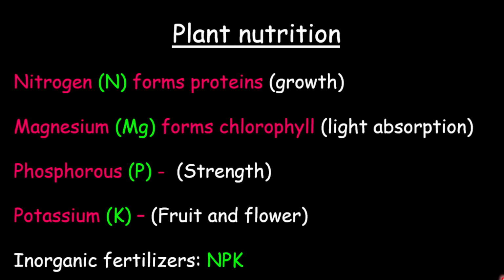We have phosphorus, which gives strength to plants. And potassium, symbolized by K, is for fruit and flower development. Common inorganic fertilizers are called NPK, which means nitrogen, phosphorus, and potassium, and those are very essential nutrients needed by plants.